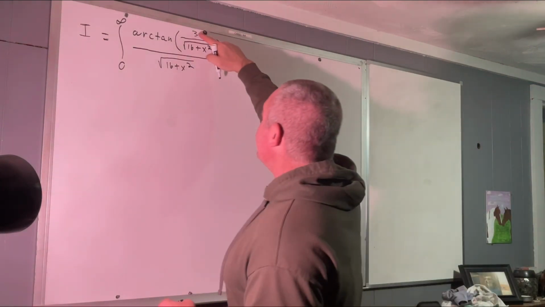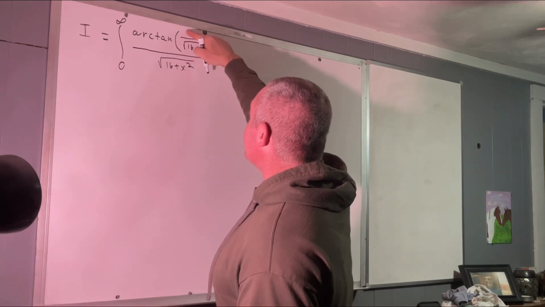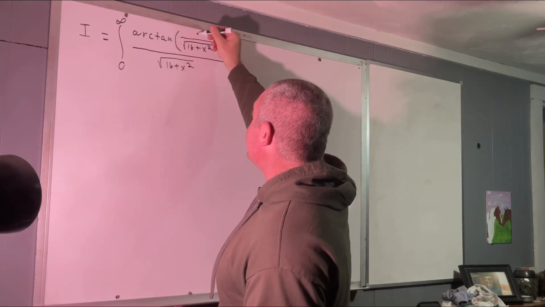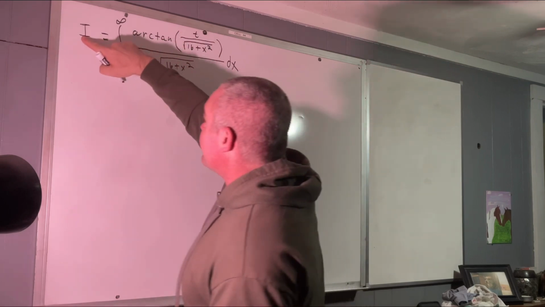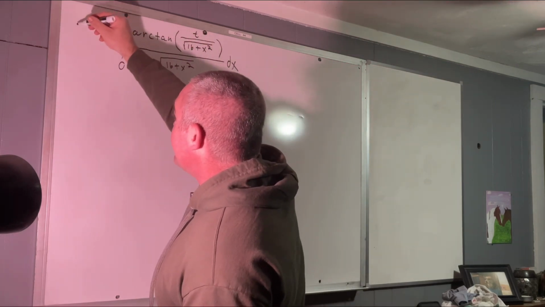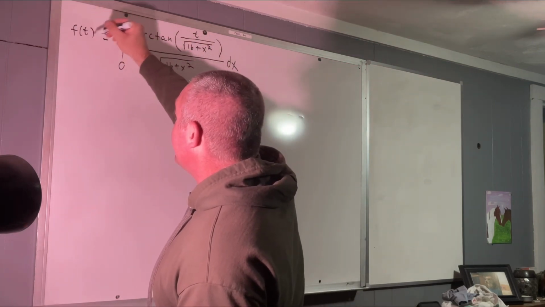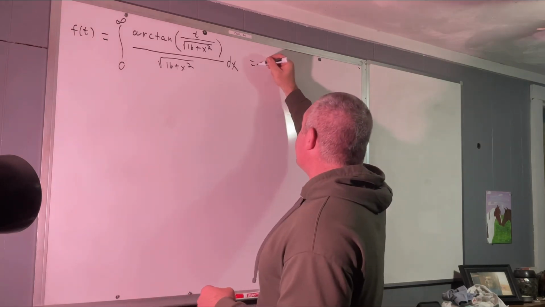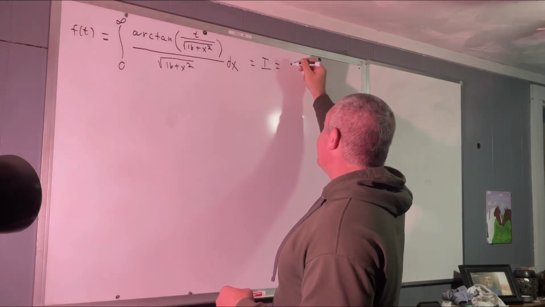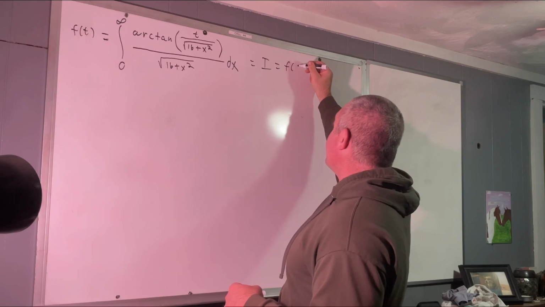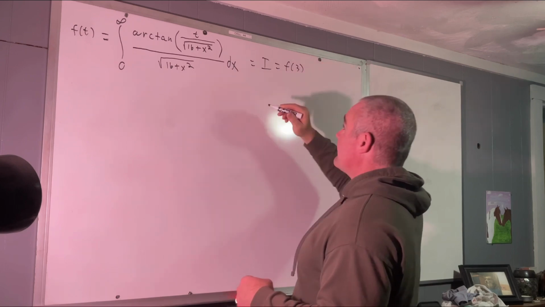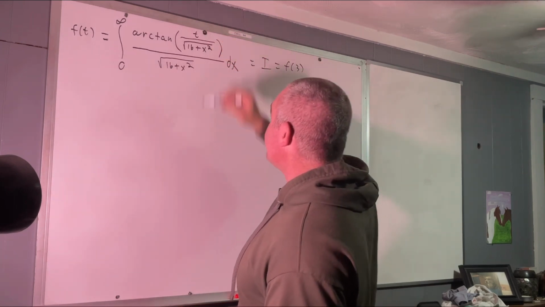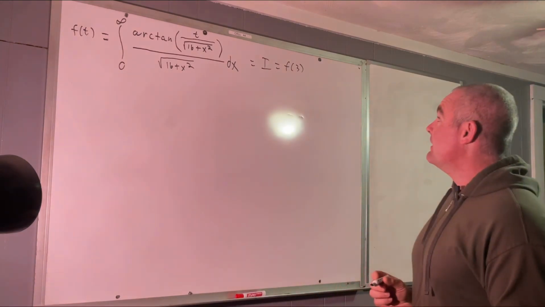The correct thing to do to perform Feynman integration is to replace that 3 with a t, and then call this a function of t, which it would be. And then we'll just say that our I is equal to our new function of t evaluated at the point 3. Because if you plugged in 3, you just have what we had originally.